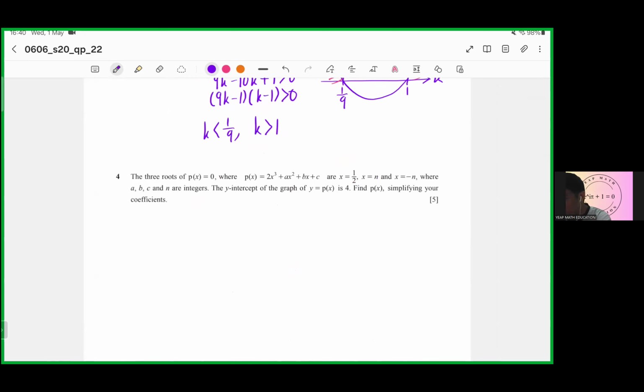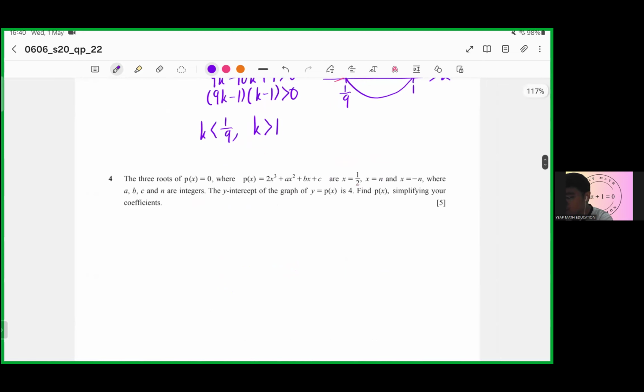The three roots of p(x) equals 0, where p(x) equals 2x cubed plus ax squared plus bx plus c, are x equals 1/2, x equals n, and x equals minus n, where a, b, c and n are integers. The y-intercept of the graph of y equals p(x) is 4.